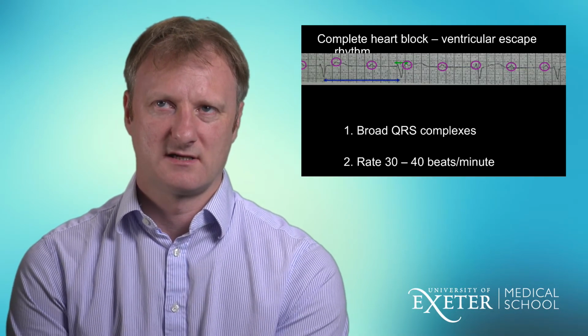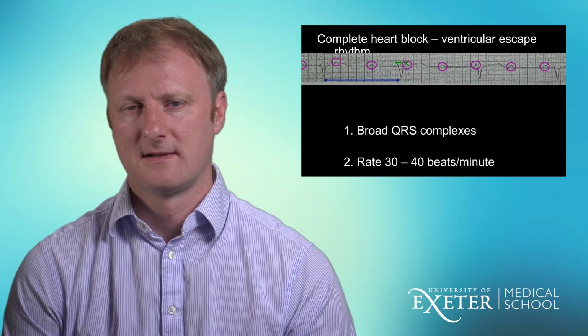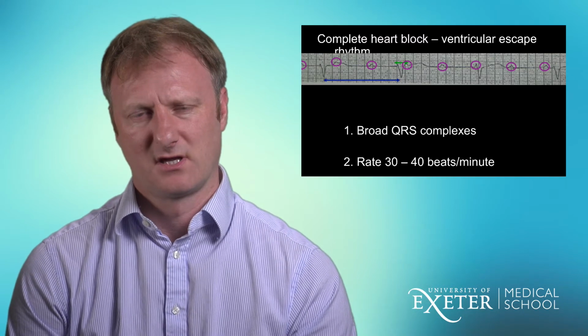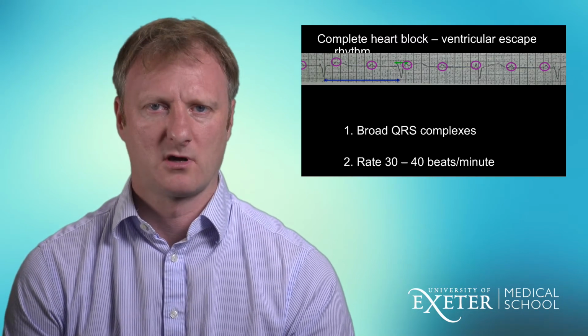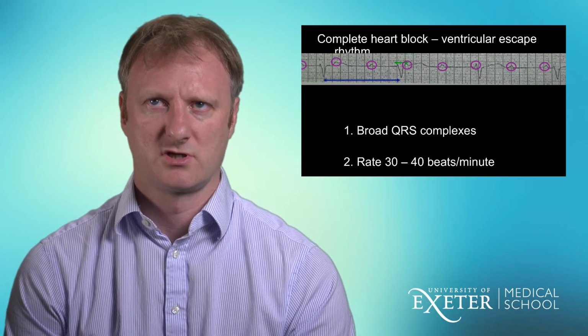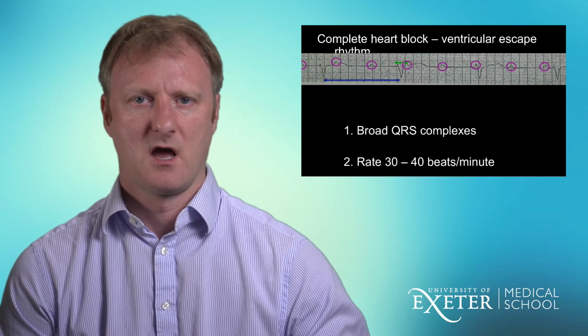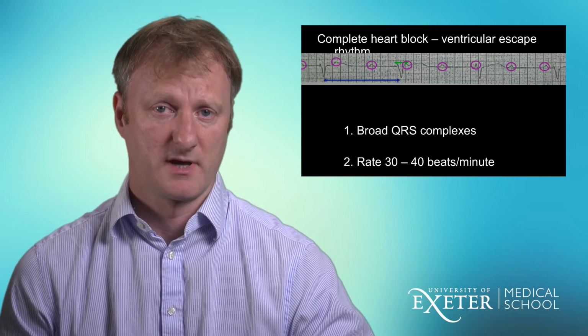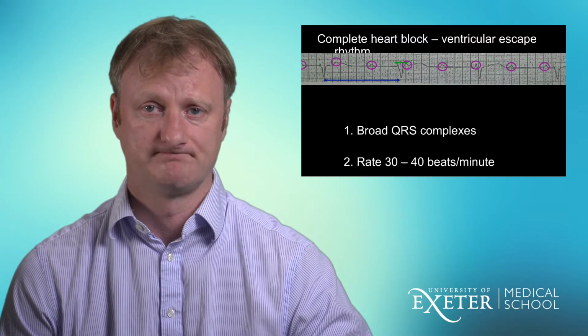Hence the QRS is over 200 milliseconds. This would be a worrying ECG to see because they have complete heart block with a very slow, broad QRS escape rhythm. Those are the kind of patients that are more at risk of the heart stopping and dying.